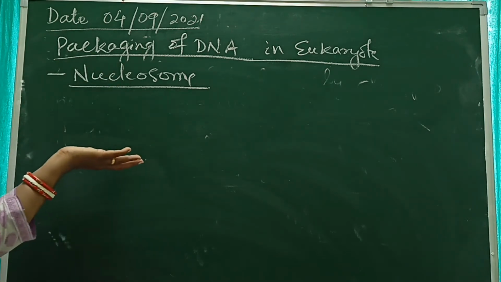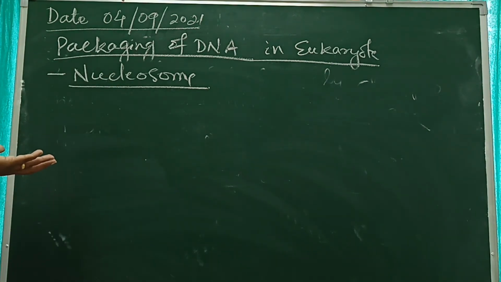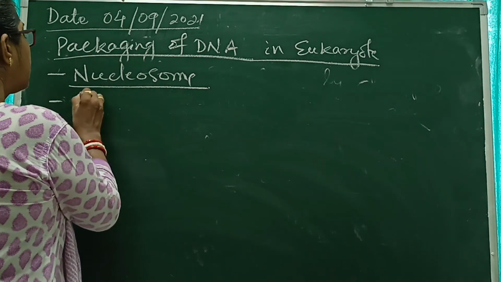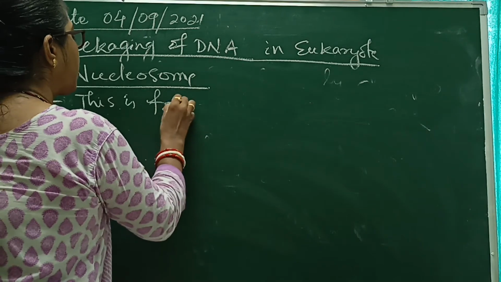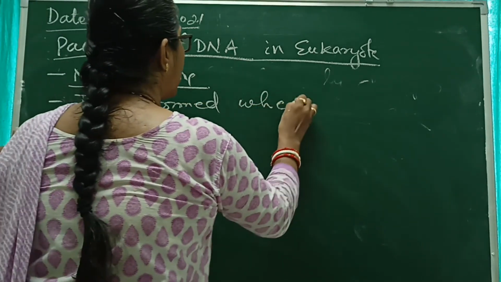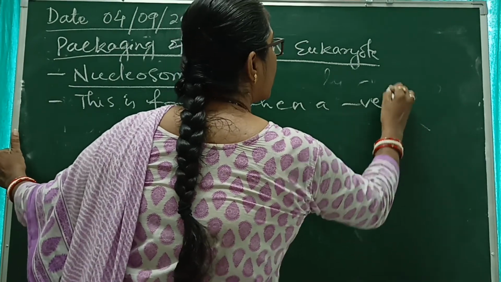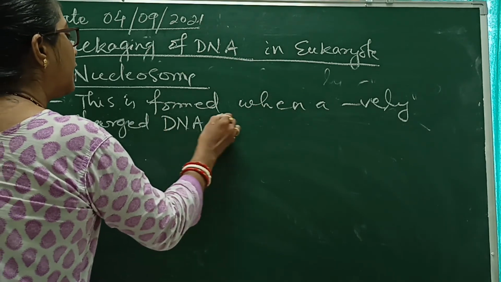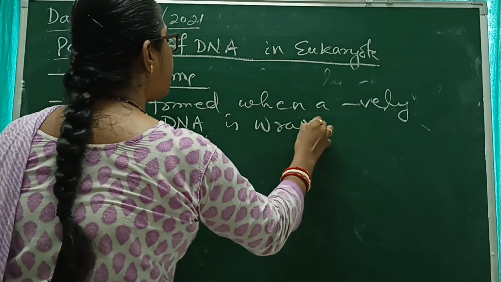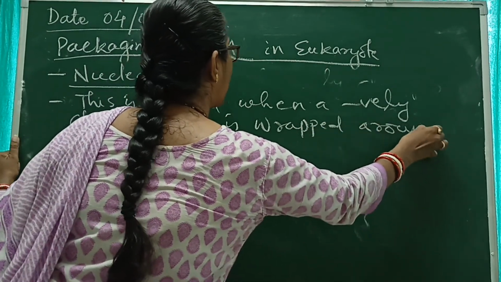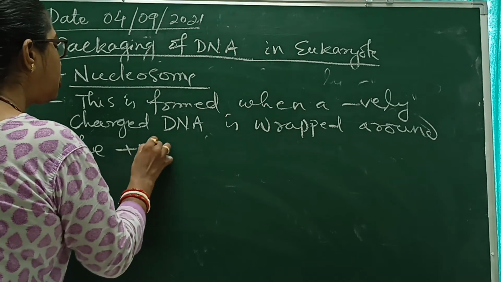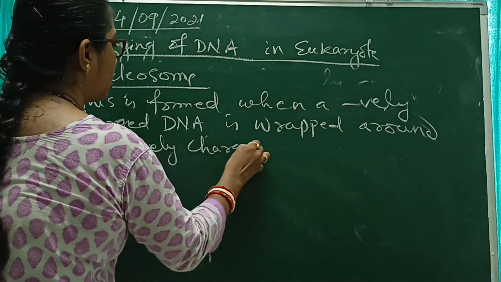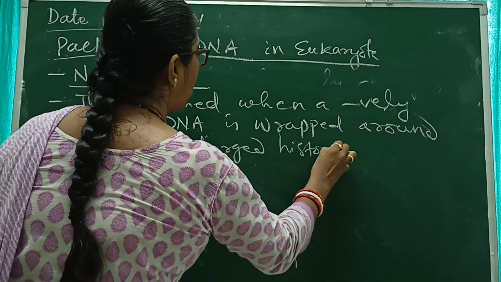This packaging unit is formed when the negatively charged DNA is wrapped around the positively charged histone octamer.